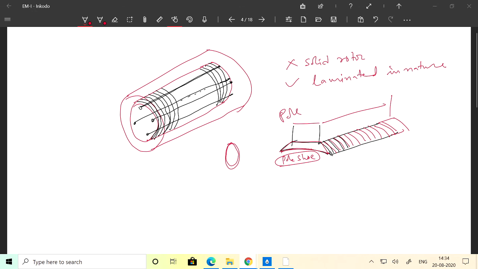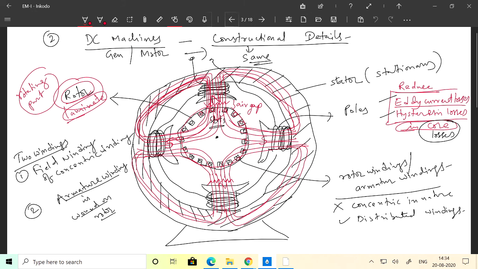Okay, fine. Now these are the basic constructional details of a DC machine. DC machine means it is a generator as well as a motor. Constructionally there is no difference in a DC generator and a DC motor.